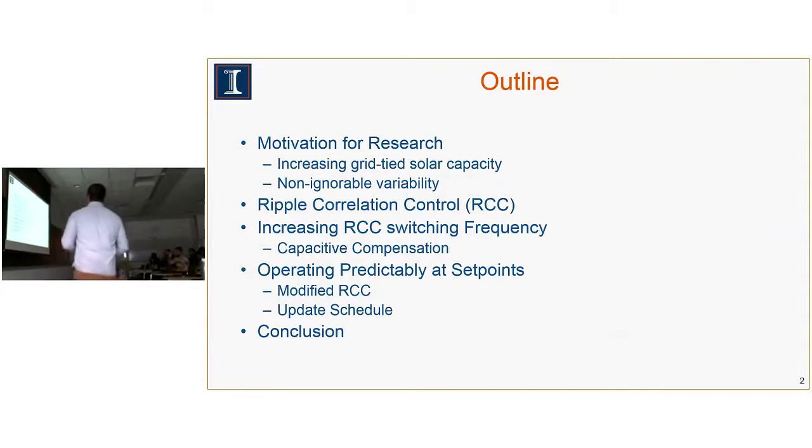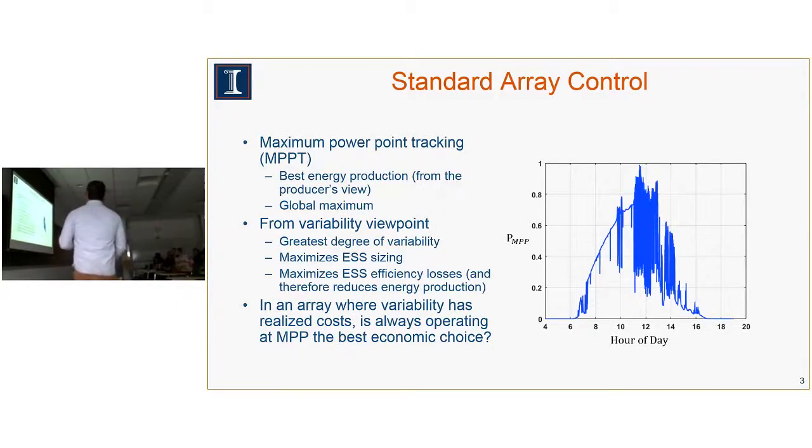That's a tongue twister. Okay, so the standard array control is obviously maximum power point tracking, which just tracks the maximum power you can get out of the sun at any given moment. From an energy production view, this is always the best case because you're maximizing your energy production.